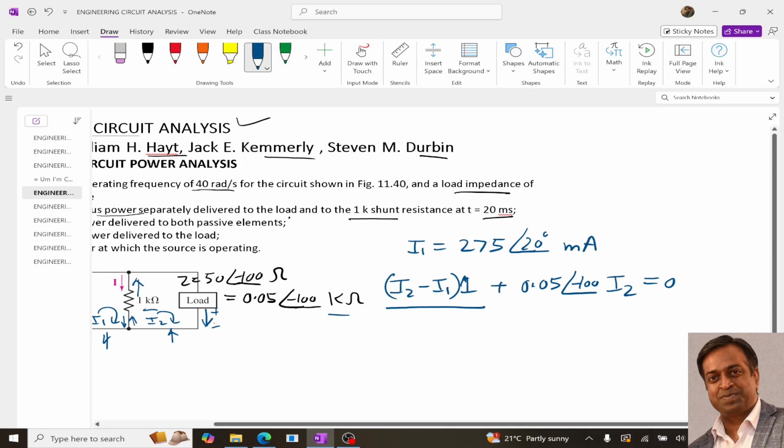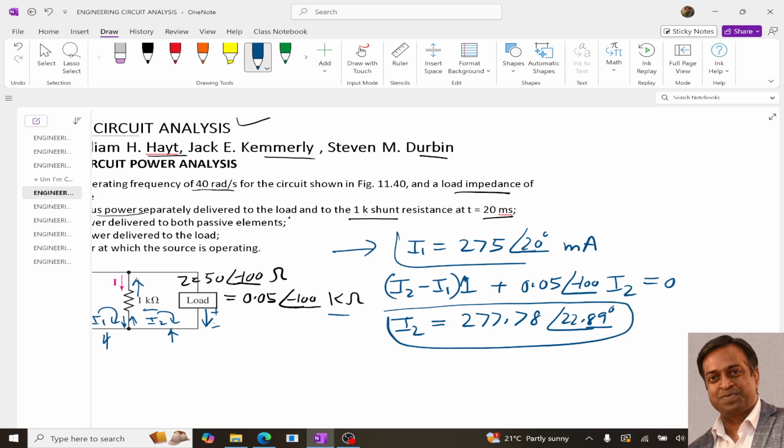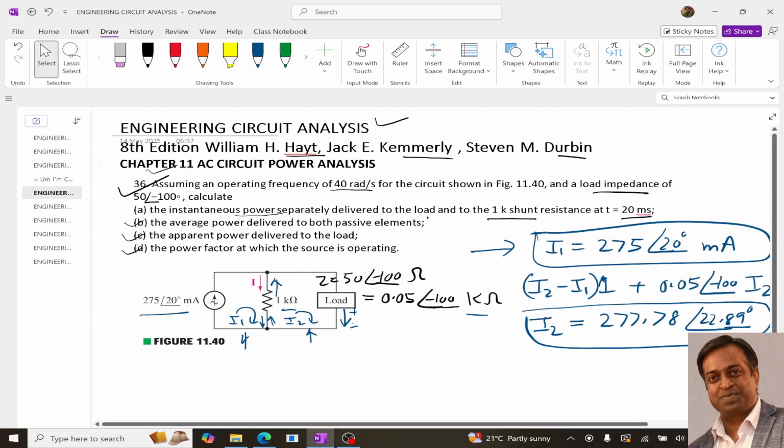Now I1 we already know, so substituting and solving this we will get I2 as 277.78 angle 22.89. To know how you can get these I1 and I2 values, you can refer to my previous lecture on this same chapter.